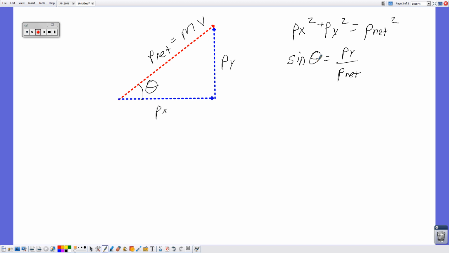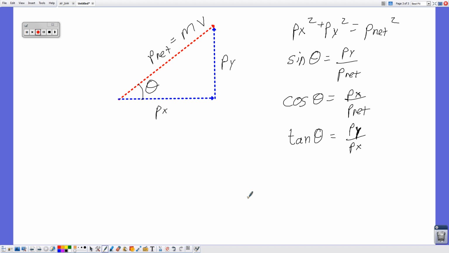So if I know theta, and if I know my net momentum, I can find my y momentum. Cosine theta is adjacent over hypotenuse, so I can solve for the x component of my momentum. And just in case I want to do it this way, there's the relationship between the y momentum, the x momentum, and theta.